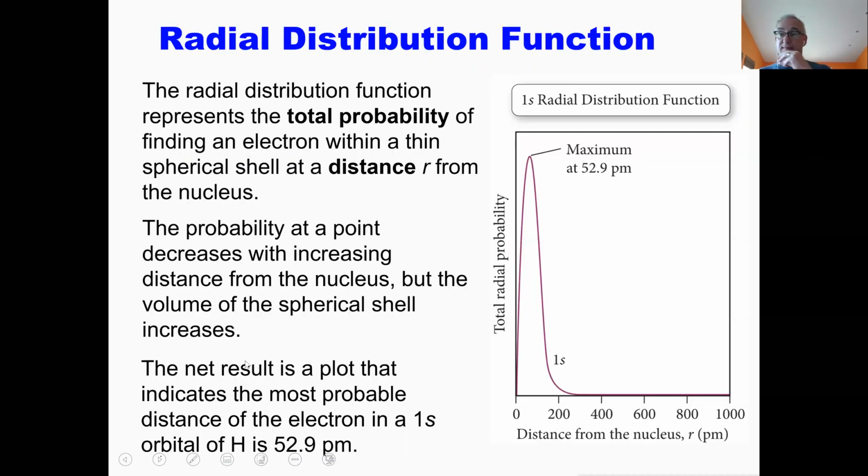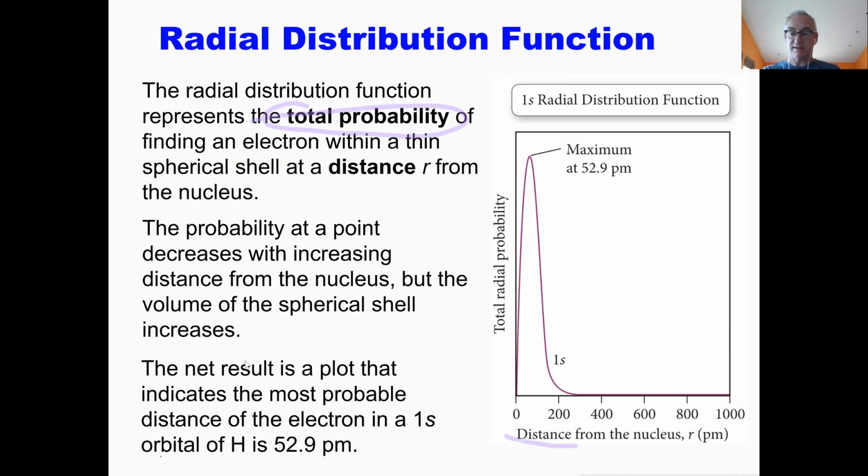So here is Schrodinger's wave equation for the first level. As I mentioned, it doesn't give you a precise distance away from the nucleus. It gives you a probability of finding an electron from the nucleus.